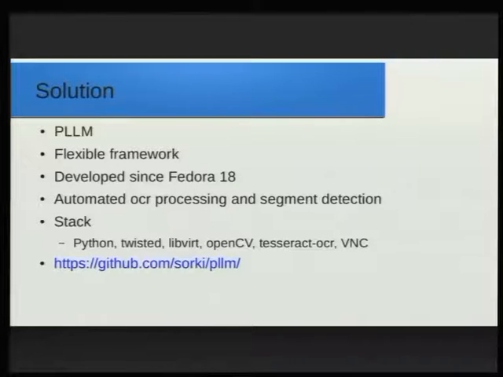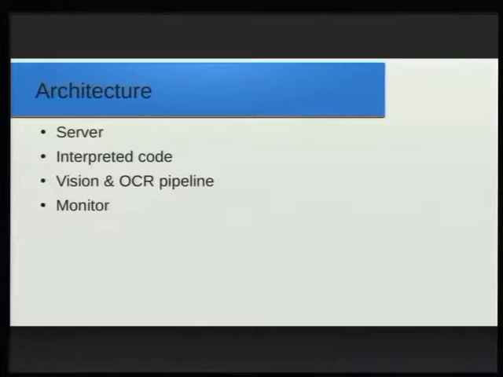By basically using OpenCV to process images coming from a virtual machine over VNC and then passing them to Tesseract OCR for optical character recognition. So the architecture of this is now very similar to OpenQA, which is a server running a simple state machine.